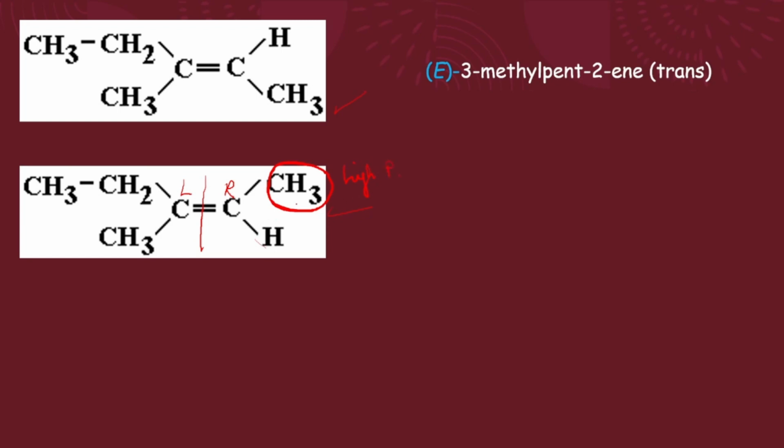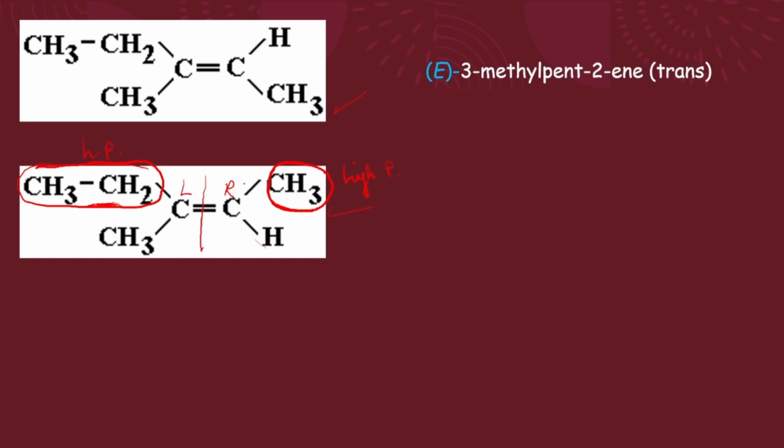And then we go to the left side carbon. We have two groups. This ethyl group is the group of the high priority. The lower one, the methyl group, is of lower priority, because the ethyl group has the higher molecular weight than the methyl.